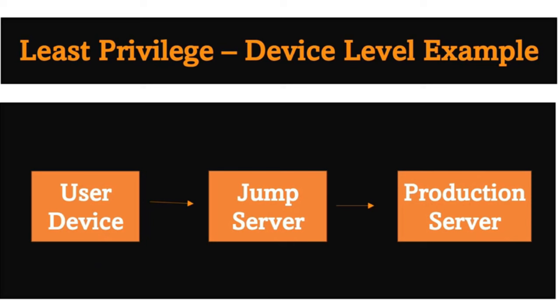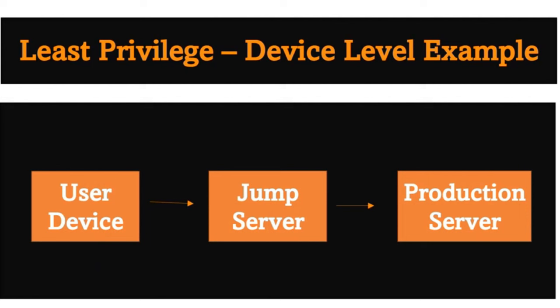So this is the user device, say the developers or admins who need access to the production environment must first make a connection to the jump server, and they're making that connection from their local device, and then from the jump server they will connect to the production server.